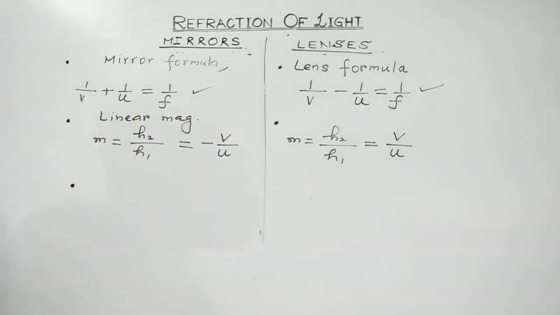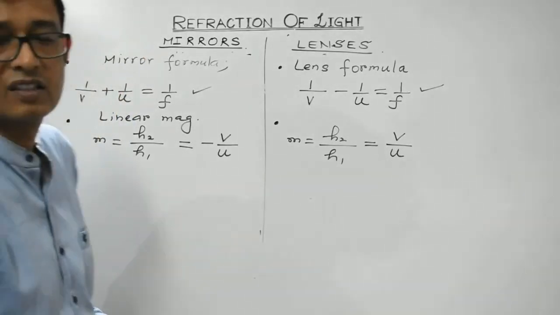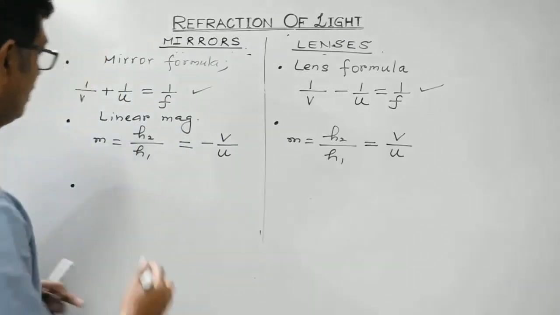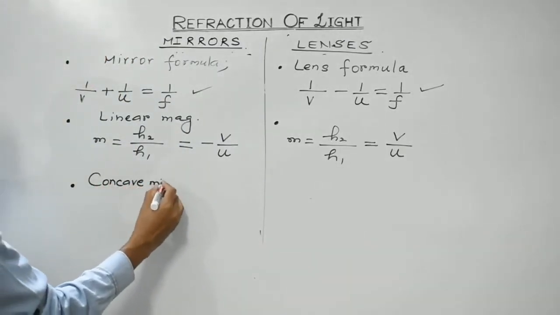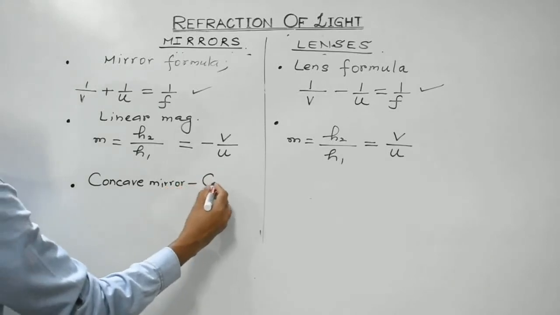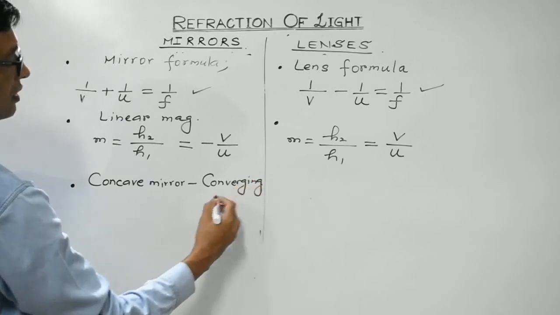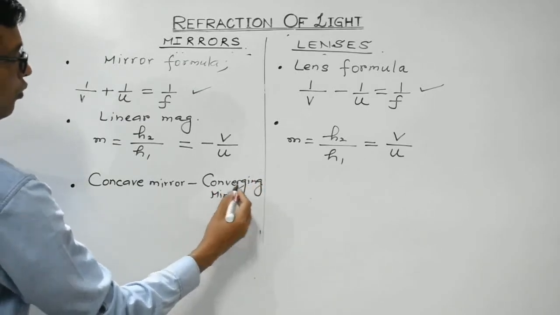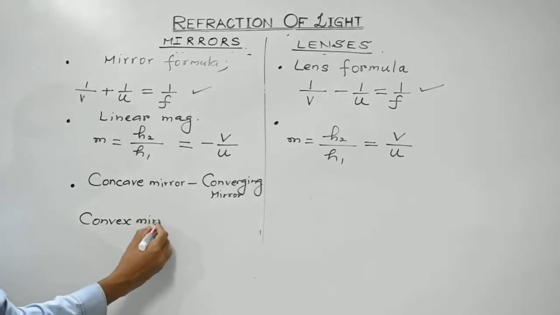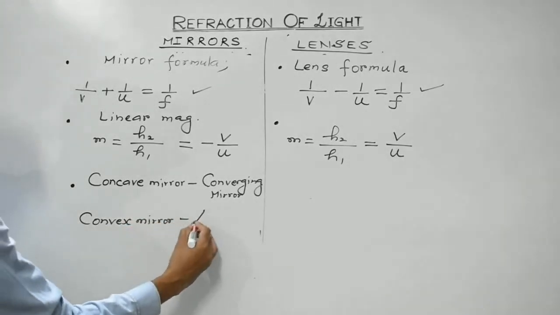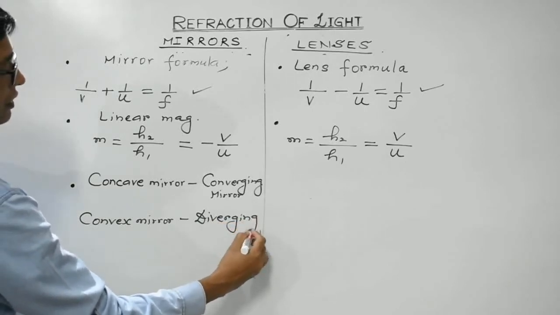Okay, next one. In case of mirrors, there are two types of mirrors, concave and convex mirror. Concave mirror is known as a converging mirror, while convex mirror is known as a diverging mirror.